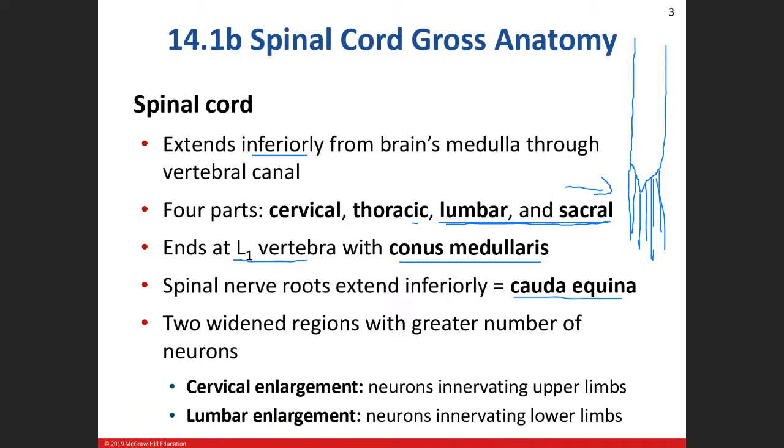So there are 2 portions of your spinal cord in which we see enlargements, and that has to do with the number of neurons, the cells that are coming off of the spinal cord.